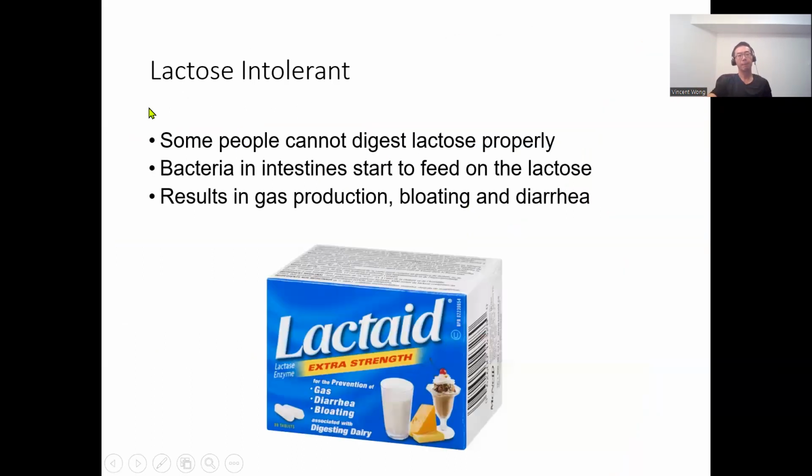But before that, there is something called lactose intolerance, right? If someone is lactose intolerant, it means they don't have the proper enzyme, the proper chemical in their body to break down lactose.